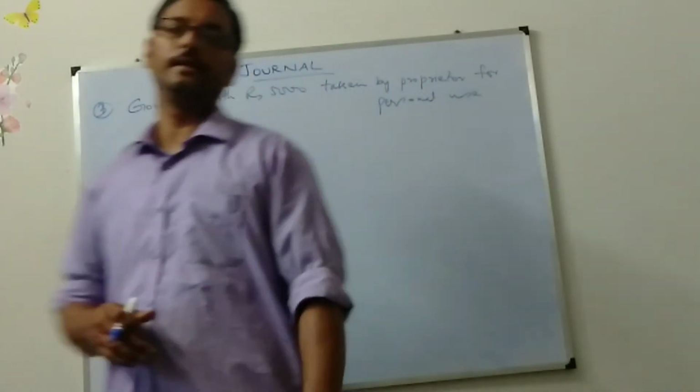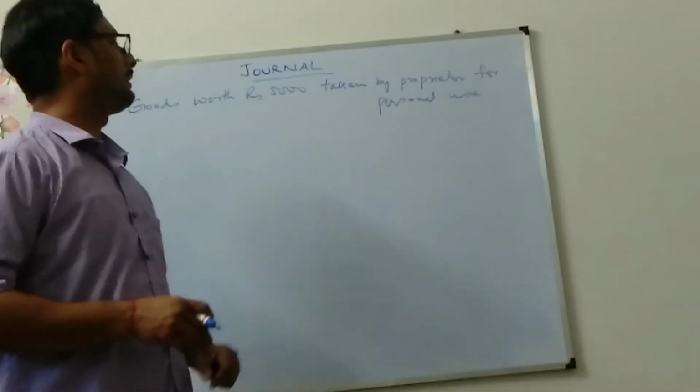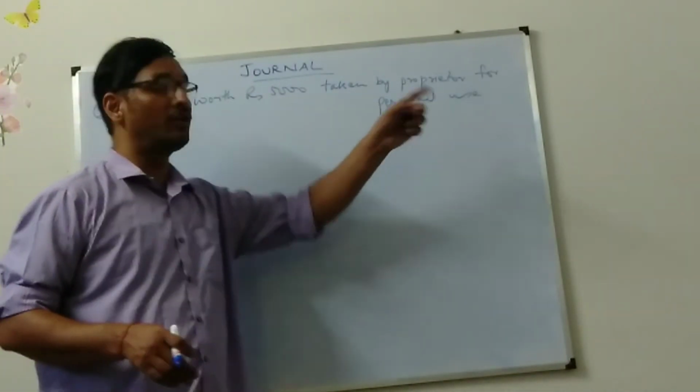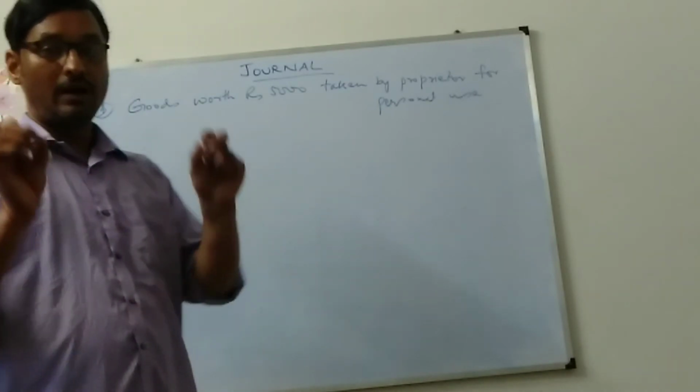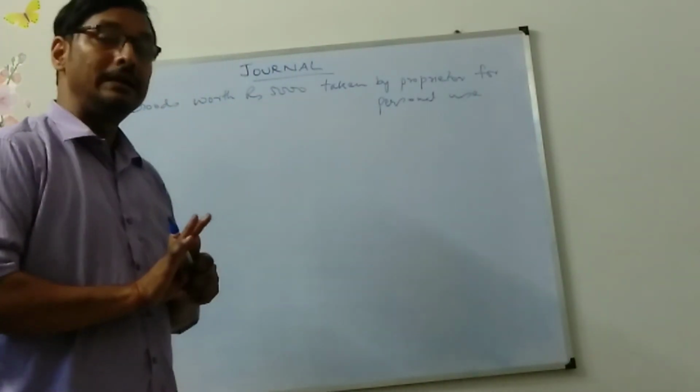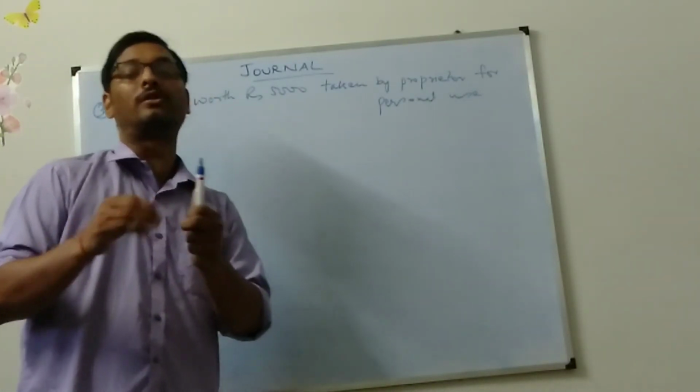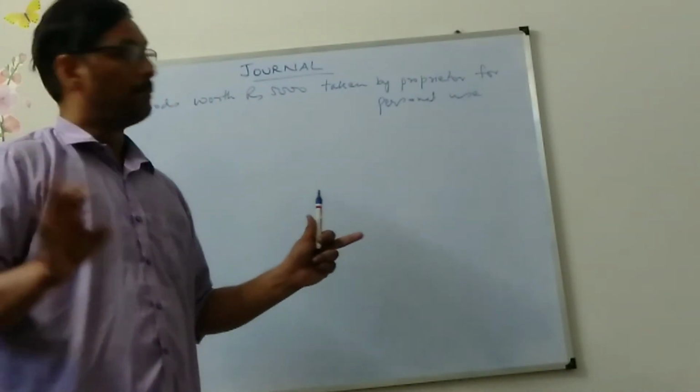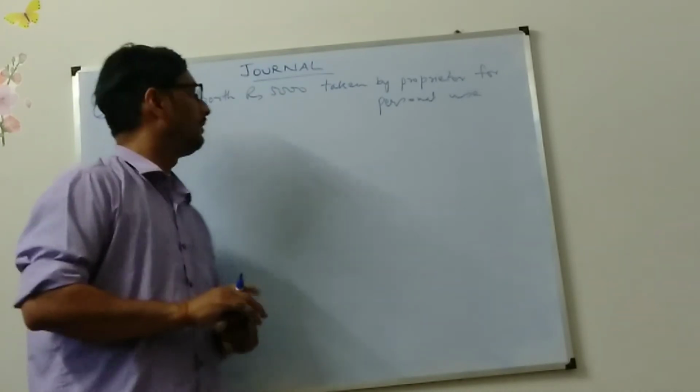This is the third entry. Goods worth rupees 5,000 taken by proprietor for personal use. So I need to find out what are the two items involved in it. There has to be at least two items.